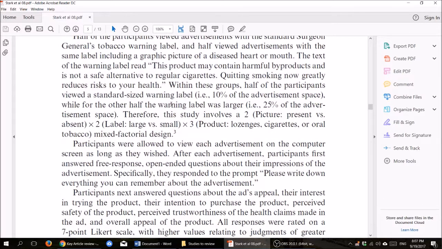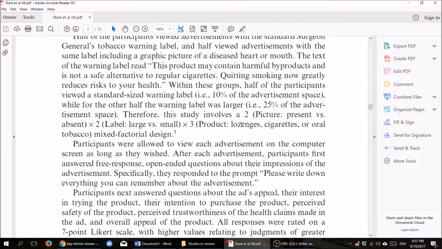Now we haven't talked about this yet, but the best way to know how many independent variables there are in the study is right here. For most studies that are experiments, they will explain how they analyze the data. This sentence is about the design.